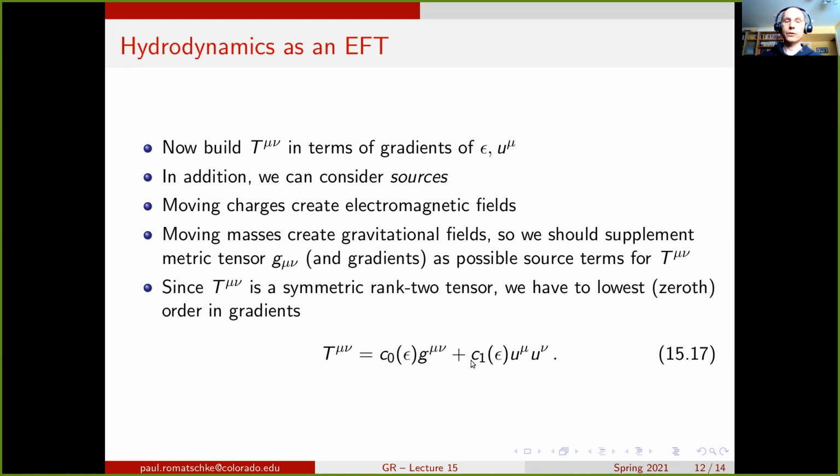This second contribution can also come in with a function c_1 of the energy density ε. If we limit ourselves to lowest-order gradients, those are the only two terms that we can write down for a symmetric rank-2 tensor. We cannot write down something that is ε times u^μ because that would only have one index. We could build more complicated structures if we allowed gradients of these, but at lowest order, that's the only term that we can write down. So we have these two unknown functions, but the rest of the structure is fixed by the symmetries.